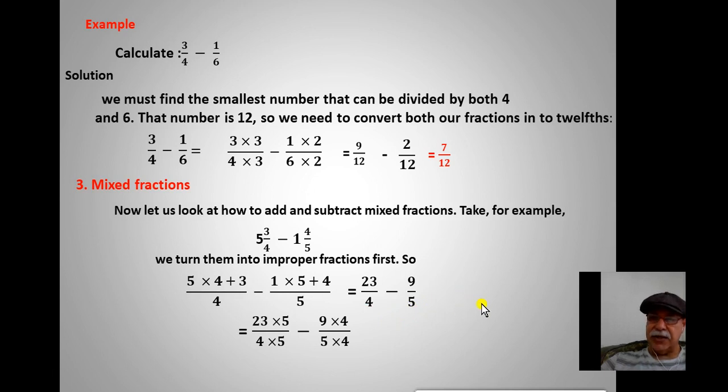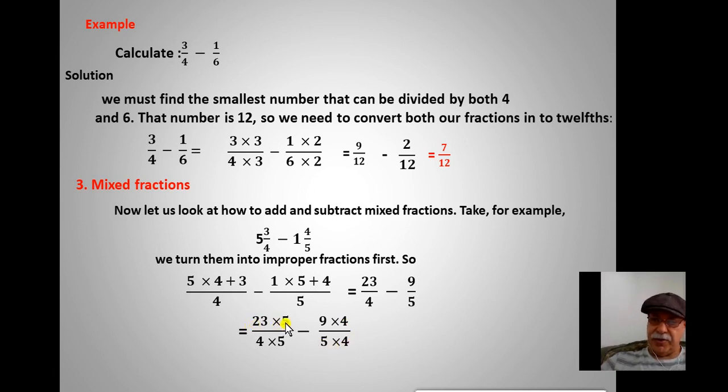So 20 is the common factor between 5 and 4, divisible without any remainder. Or directly I say 4 times 5 is 20. That's why 20 is the denominator. That's why I multiply this by 5 and this by 4 in order to get 20.